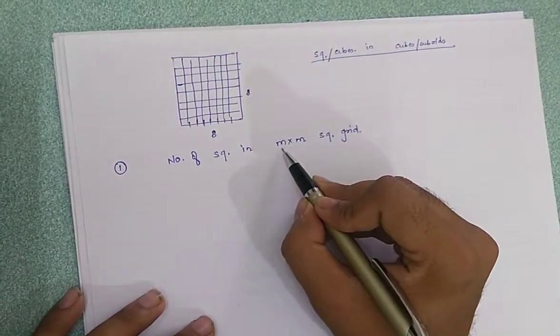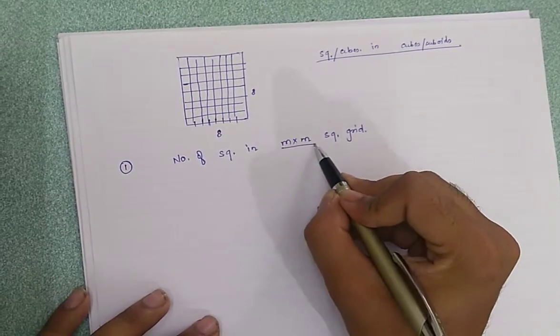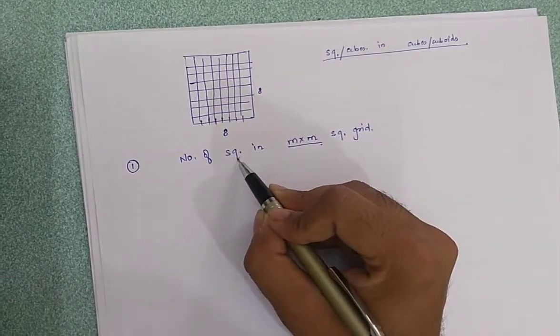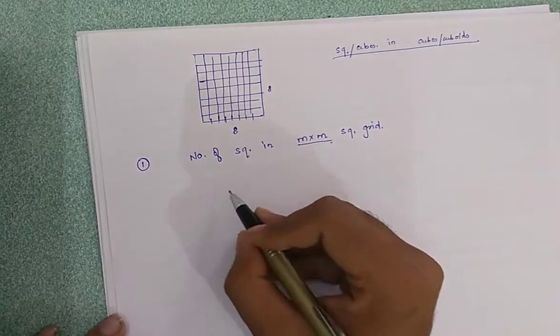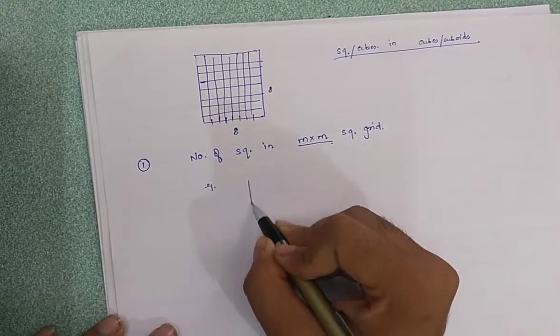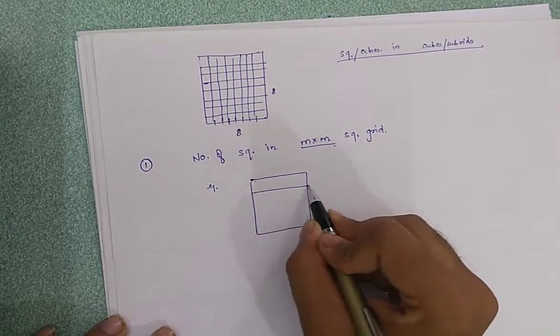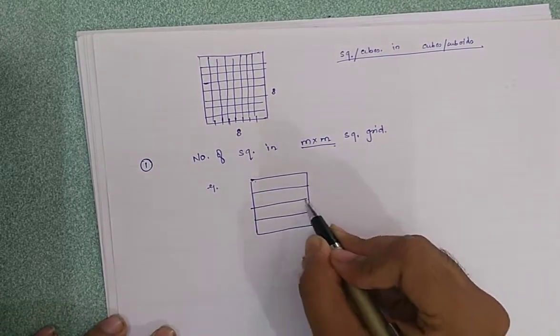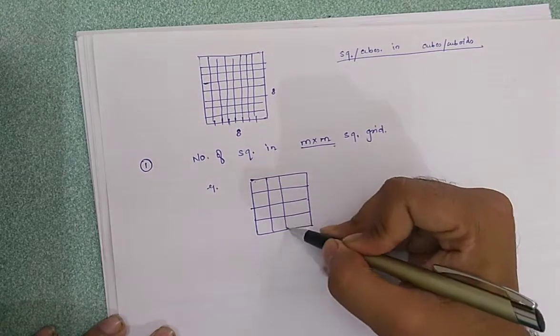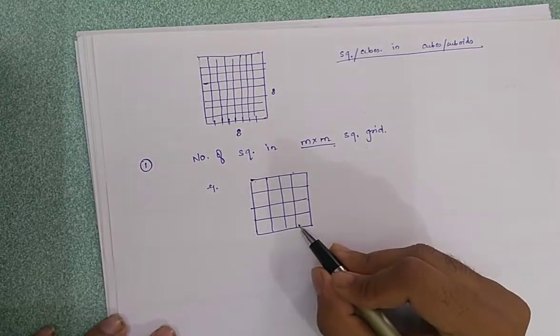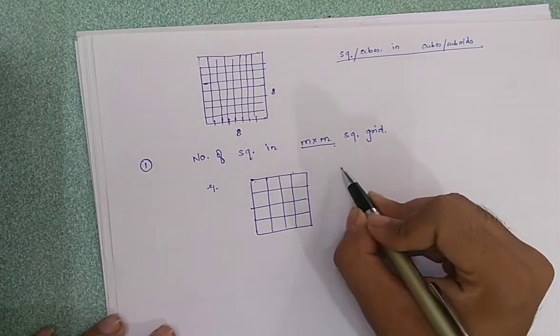This means that the number of rows is equal to the number of columns, and we have to find the number of squares possible. For example, let us take a 4 into 4 grid. So we have to find the number of squares.